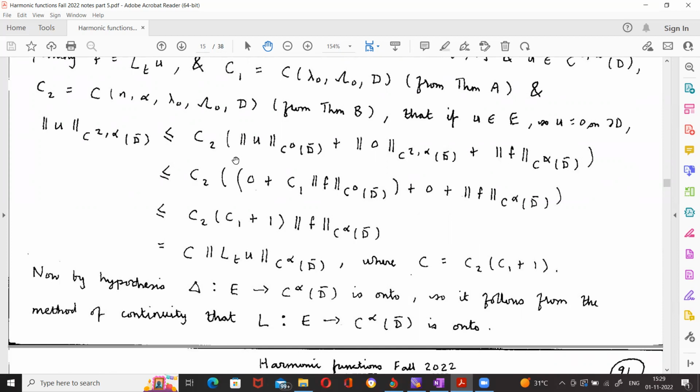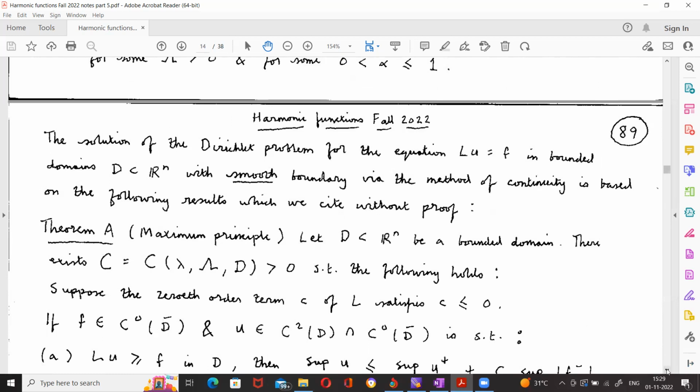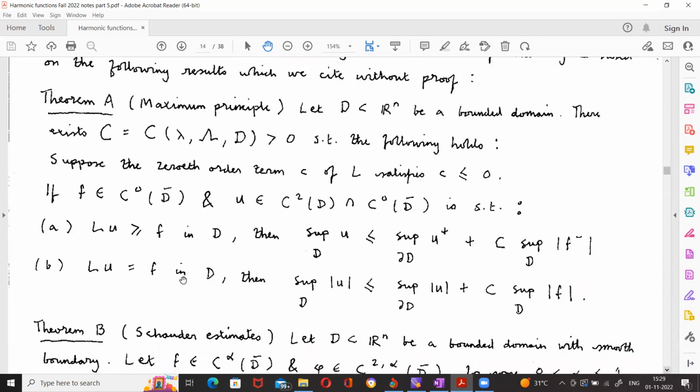Now I use the maximum principle, theorem A. What does the maximum principle say? It says that if LU is equal to F, then the C0 norm of U is less than or equal to the C0 norm of U on the boundary plus this constant C times the C0 norm of F, which is LU.